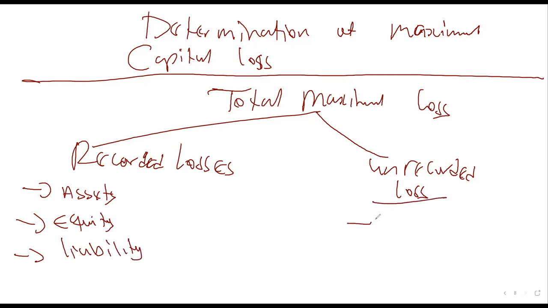Unrecorded losses can be seen as what? Dividend in arrears, and then the last one is sometimes reorganization expenses.